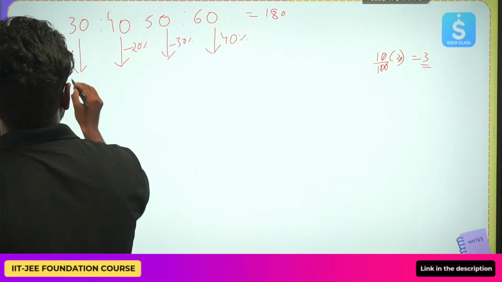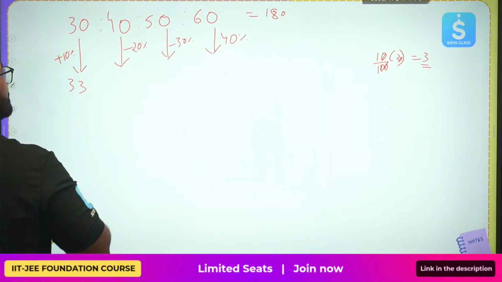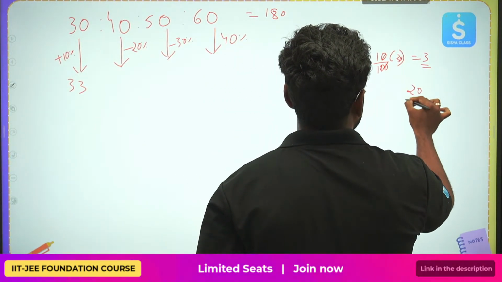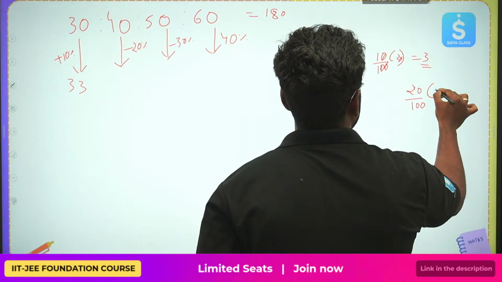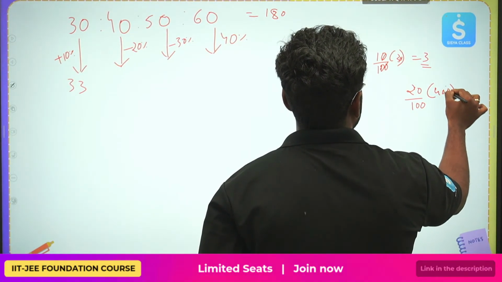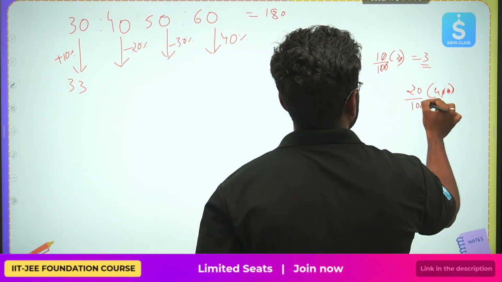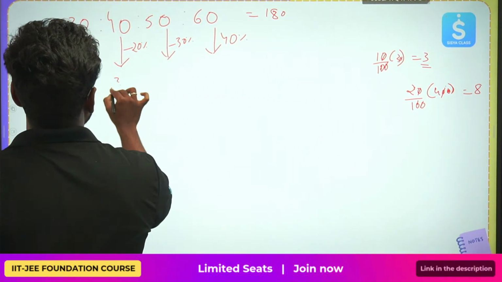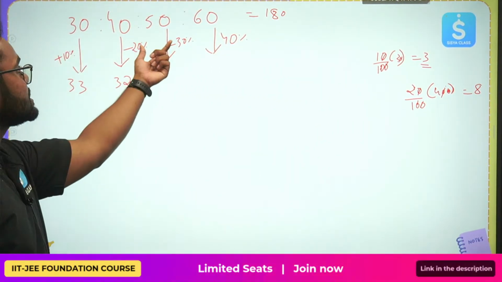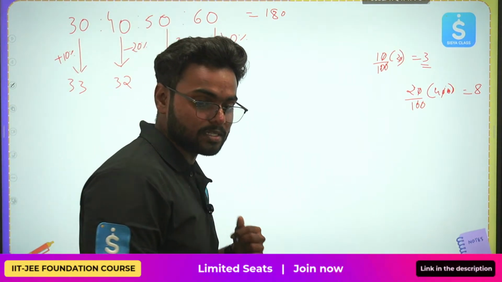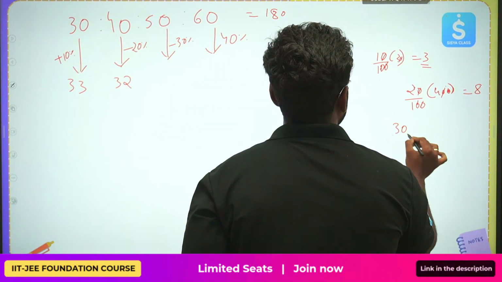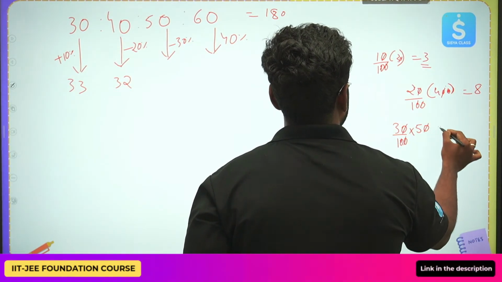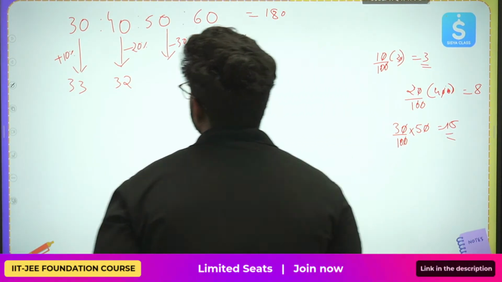So this will be 30 plus 3, 33. Now 40 is getting decreased by 20%: 20 by 100 of 40 is 8. So 40 minus 8, 32. 50 is getting decreased by 30%: 30 upon 100 into 50, which is 15, so 35.